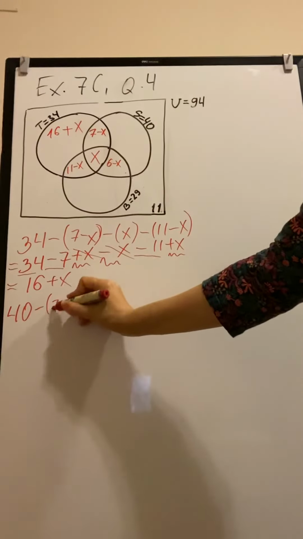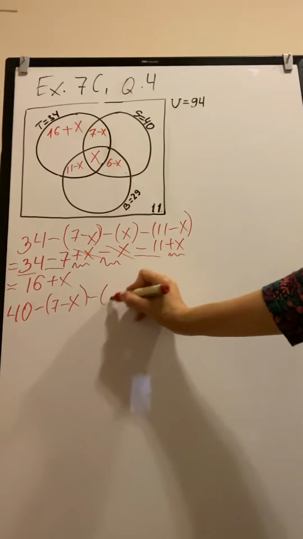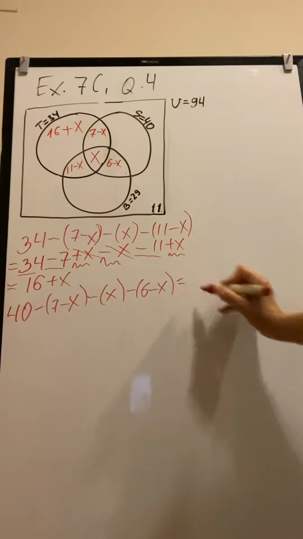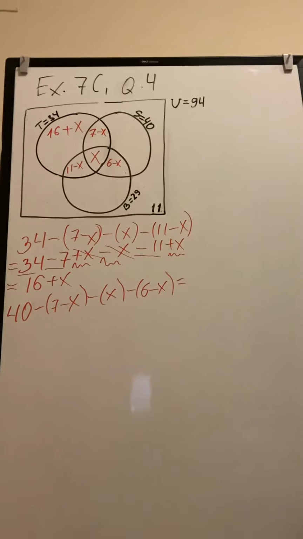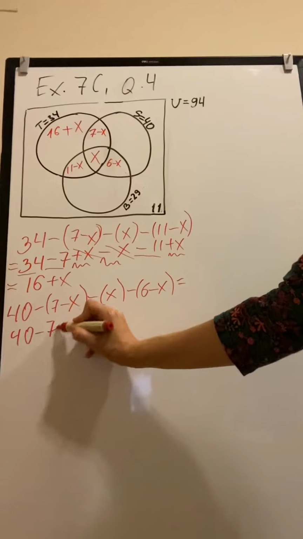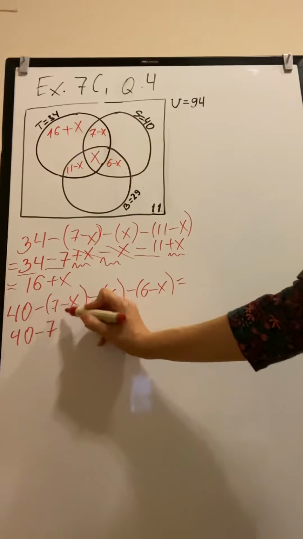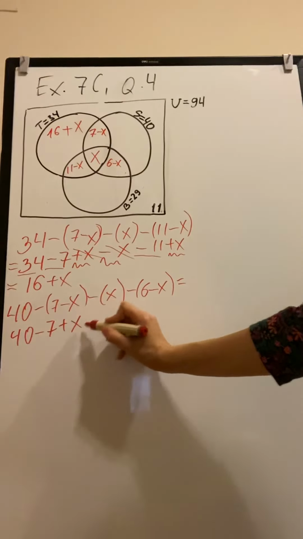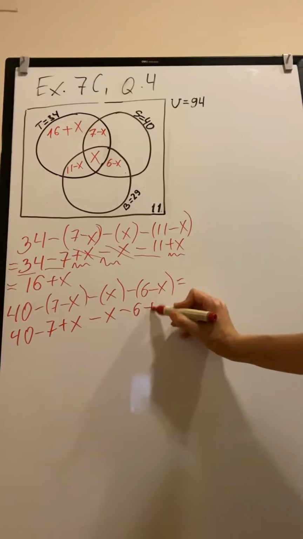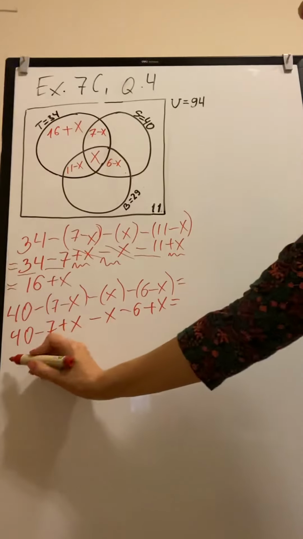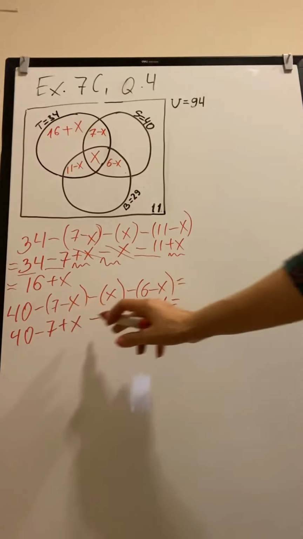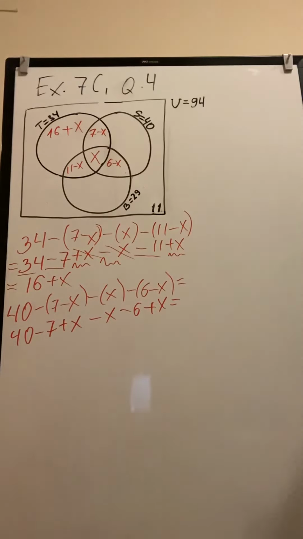So minus 7 minus x, minus 6 minus x equals, again, 40 minus 7, this time is positive, then plus x minus 6 plus x equals, well, 40 minus 7, 33, minus 6, it is 27.